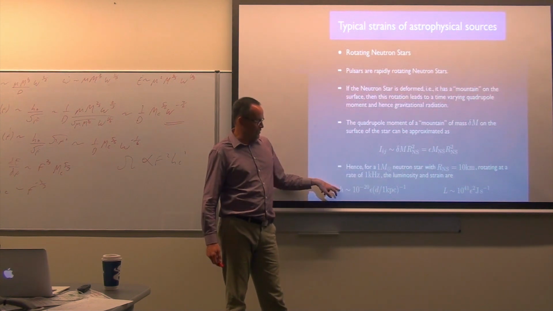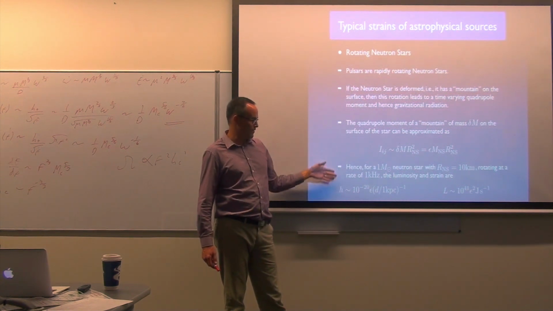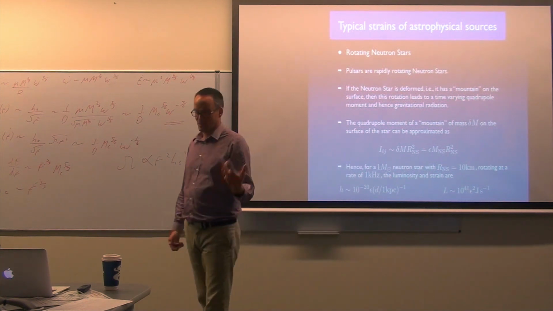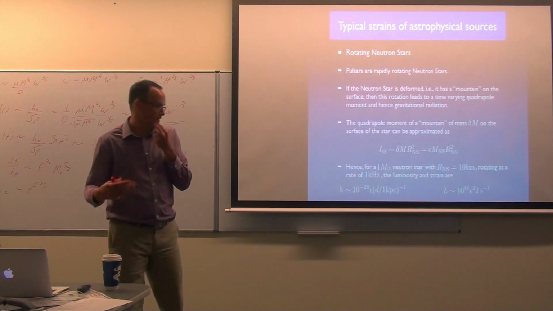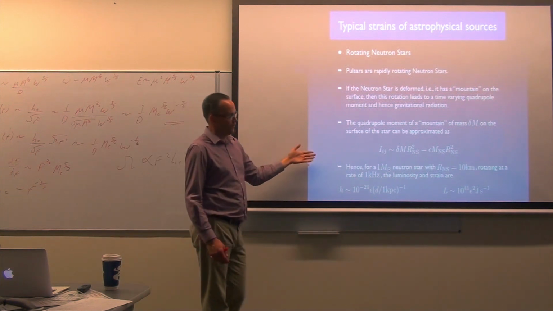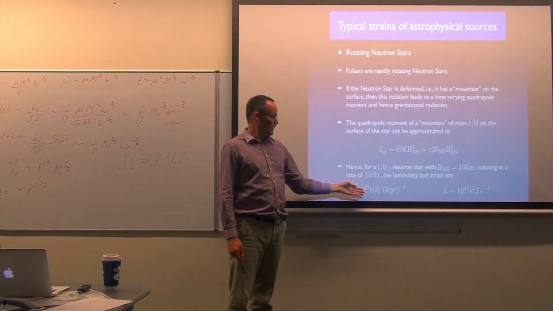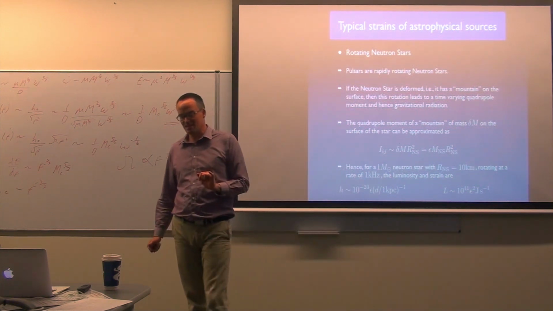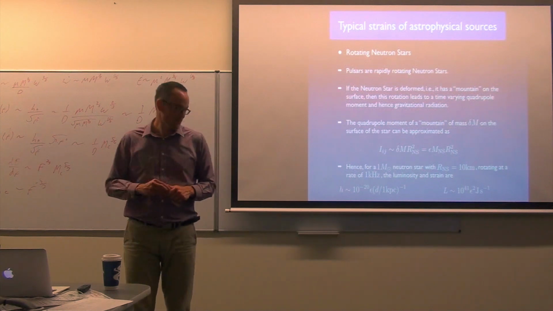You find that h for a neutron star scales like this times 10⁻²⁰ at a distance of 1 kiloparsec. A kiloparsec is a typical distance to a neutron star in the Milky Way. So if epsilon was significant, we should certainly see these things with gravitational waves.